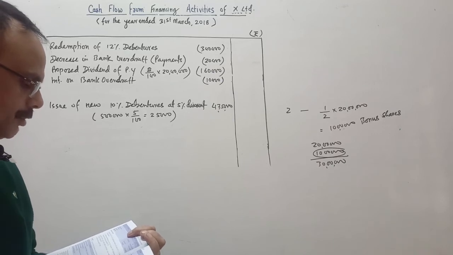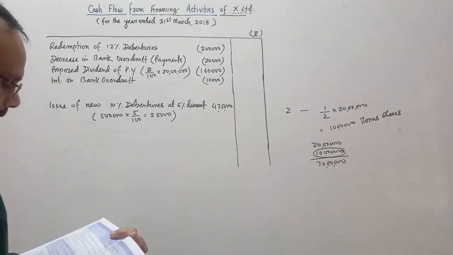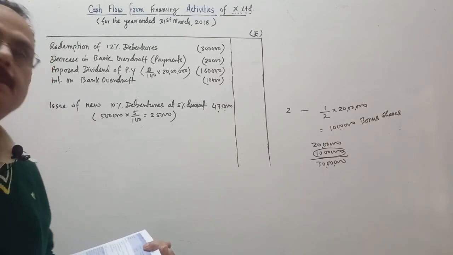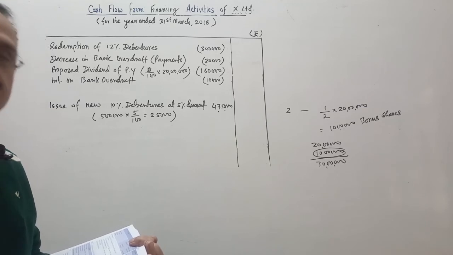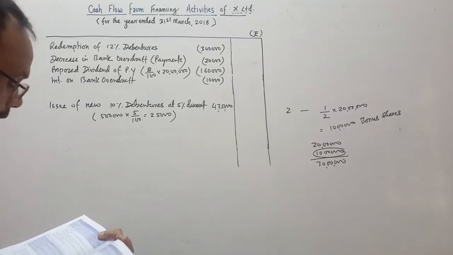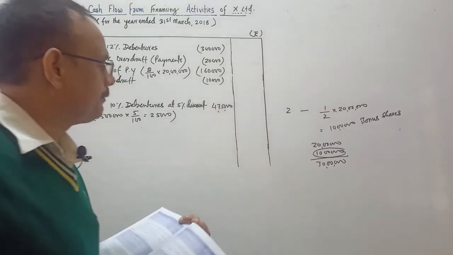Coming to the interest on debenture, calculation of interest on debenture. Additional point number 2, 12% debentures were redeemed on 1st July 2017. So for the previous year debenture, we will do the working separately.